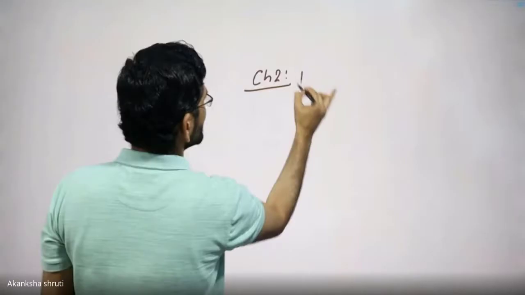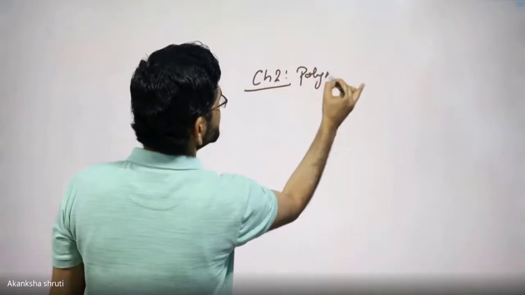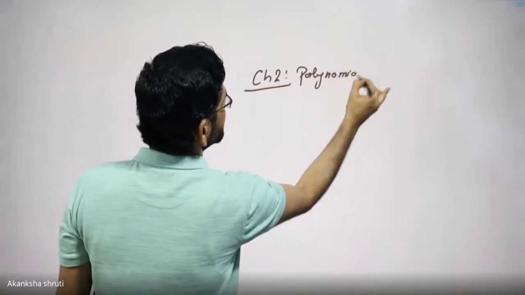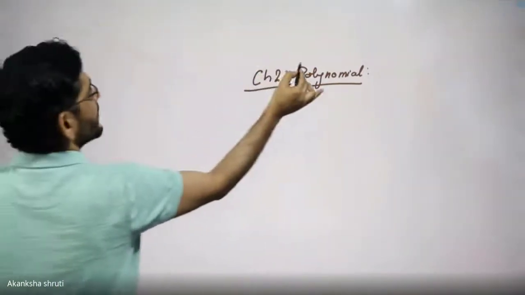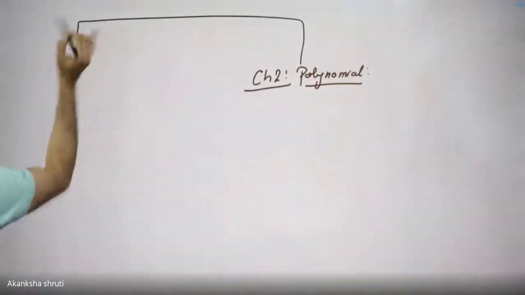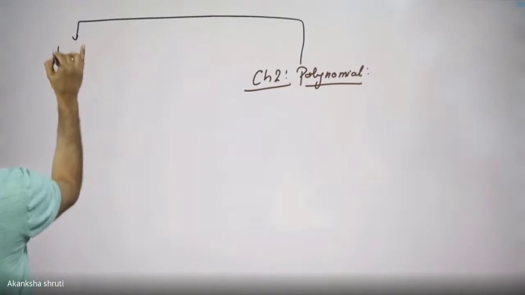So students, coming to chapter number 2, which is polynomials. The very first one is the definition: when a mathematical expression is said to be a polynomial.